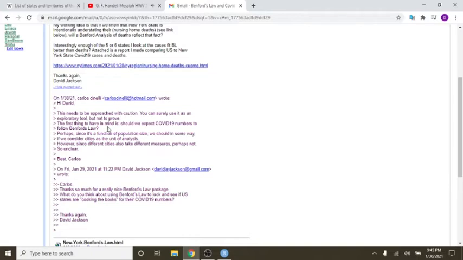The first thing to keep in mind is, should we expect COVID-19 numbers to follow Benford's law? Why not? Perhaps since it's a function of population size, we should, in some way, if we consider cities as a unit of analysis. However, since different cities also have different measures, perhaps not so clear.